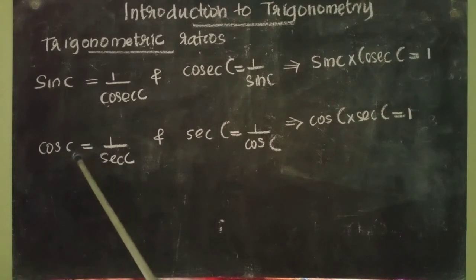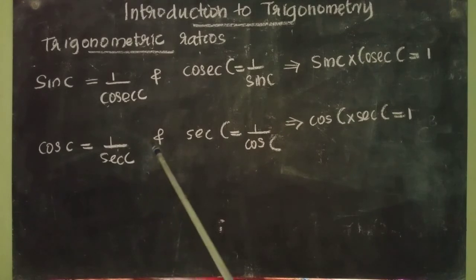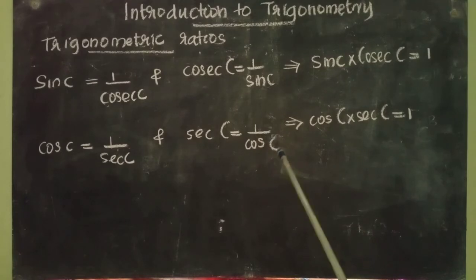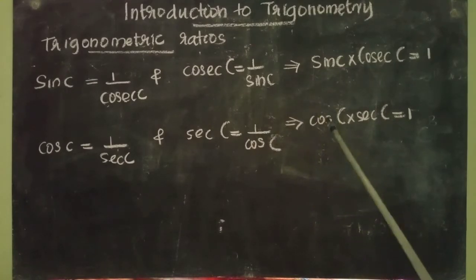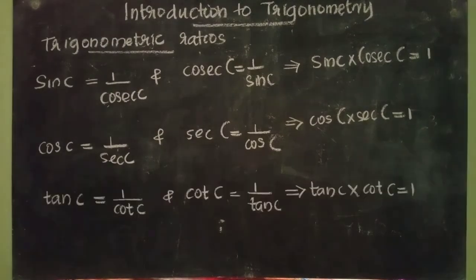Similarly, we can write cos C equal to 1 by sec C and sec C equal to 1 by cos C. Therefore, cos C into sec C equal to 1. Again, tan C equal to 1 by cot C and cot C equal to 1 by tan C. Therefore, tan C into cot C equal to 1.